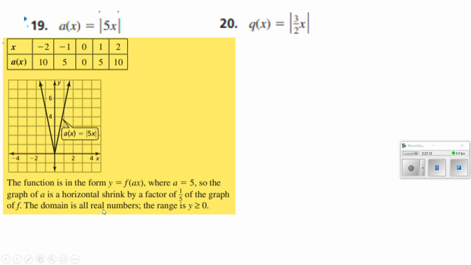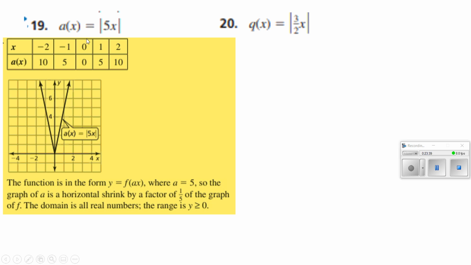So the domain is all real numbers, because this is going to keep going this way, and these arrows are going to go this way and this way infinitely. And then the range is going to be from 0 and greater, so y has to be greater than or equal to 0.